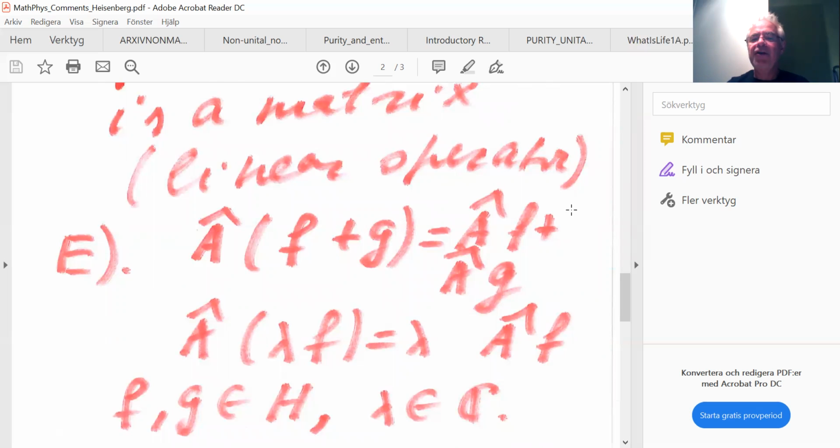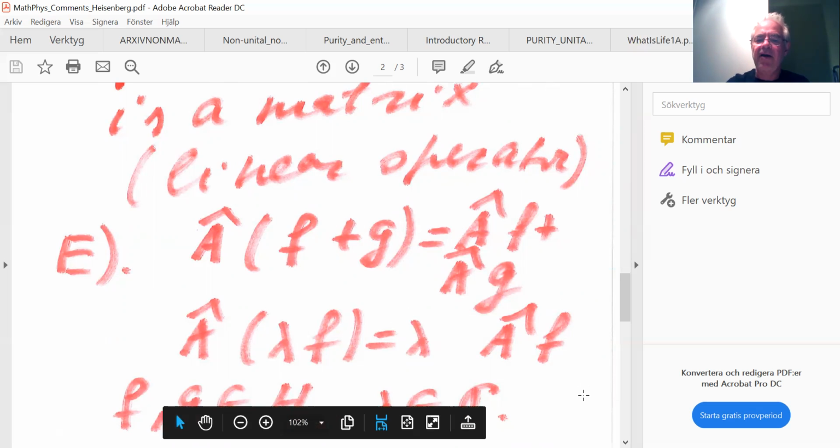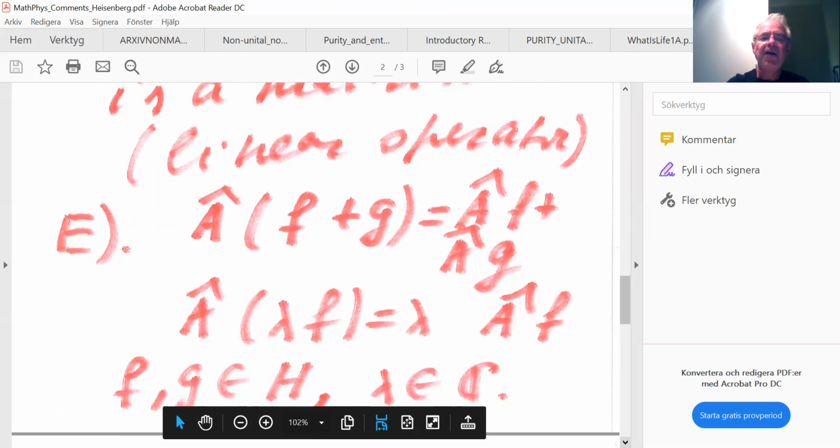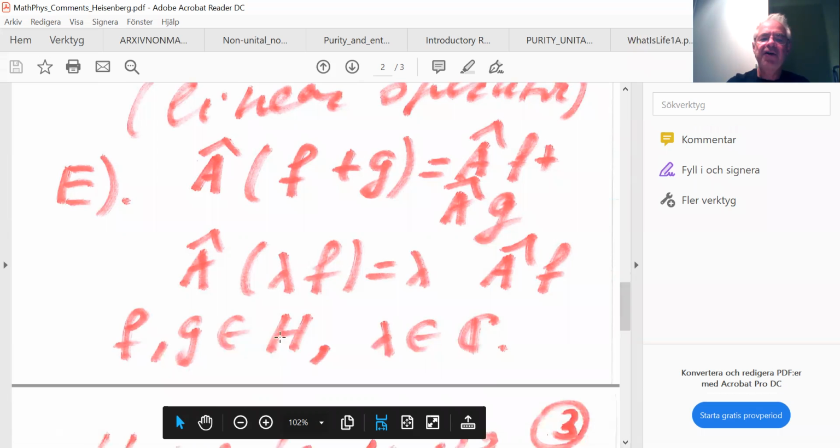It's a map from linear space into linear space, such that it puts the sum of two vectors into the sum of images. And if you multiply vector by complex number lambda, it can go out, and it will be lambda multiplied by A applied to this vector. Here, f and g are vectors from Hilbert space, and lambda is complex number.